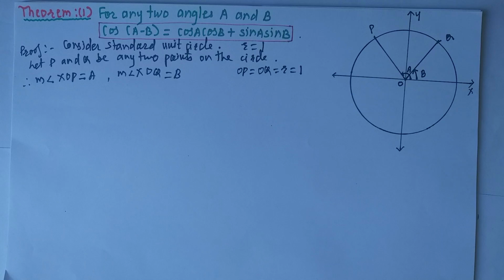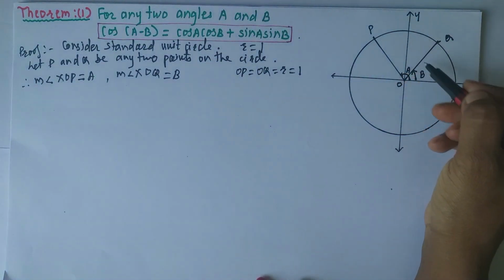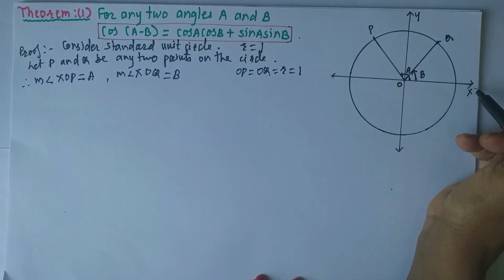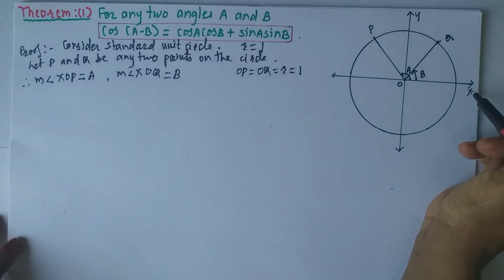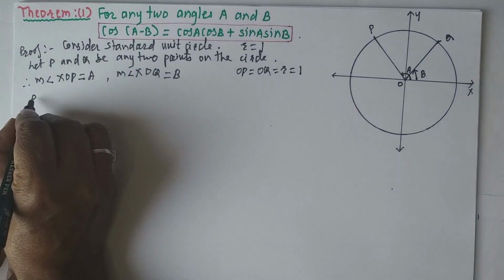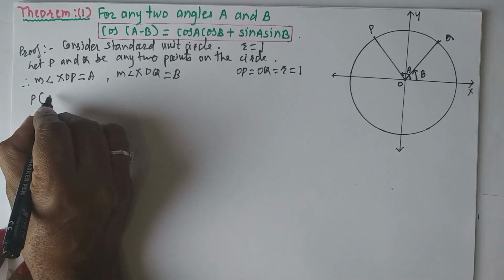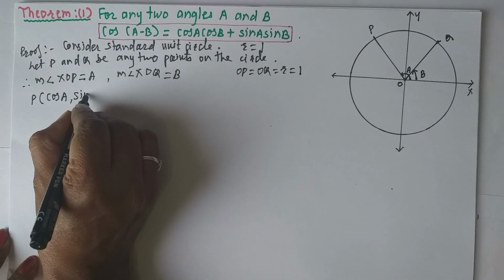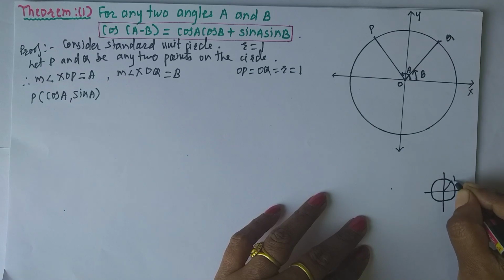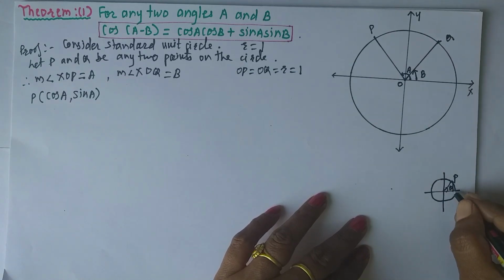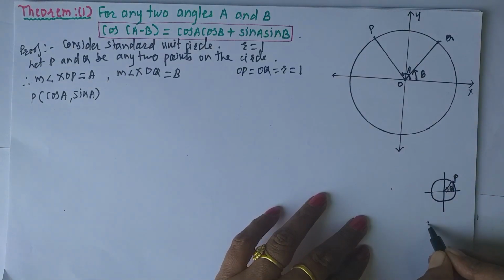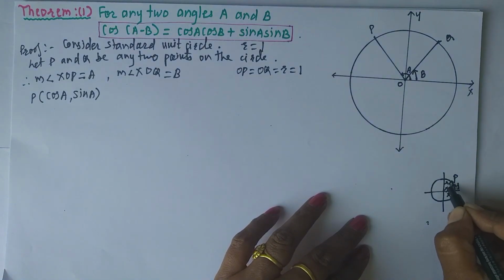Now see here, we have seen in our previous lecture that if this P makes angle A with positive direction of x-axis, then coordinates of point P will be cos A, sin A. If P is any point on the circumference of the circle and this is theta, and if we draw the perpendicular, then this is x, this is y, and this is r.